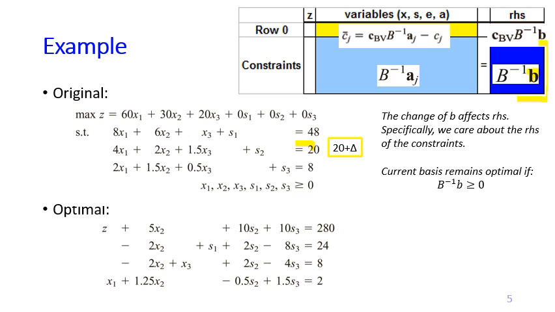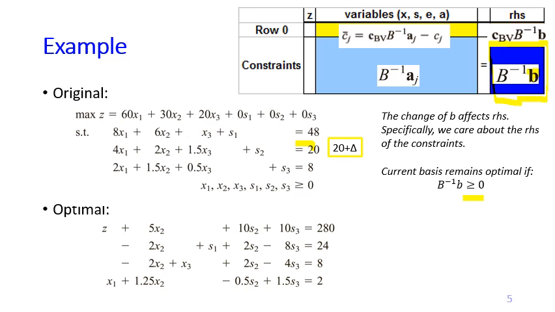Okay, because if you recall the two steps, in step 2, what we need to check is that if we would like the current basis to remain optimal, the value of the right-hand side of all constraints, which is B inverse times b, must be greater than or equal to 0. In other words, in our optimal table, we must not have any right-hand side that is negative.